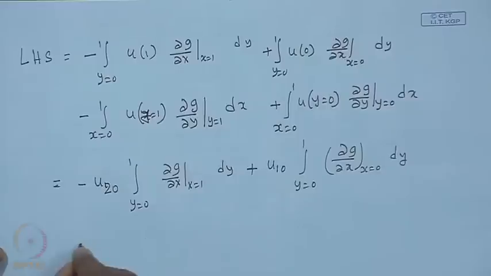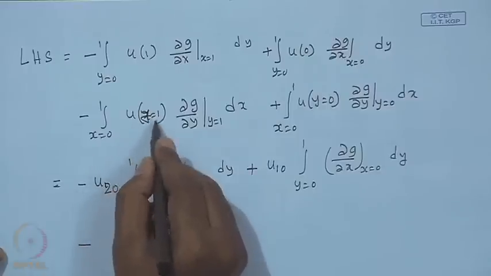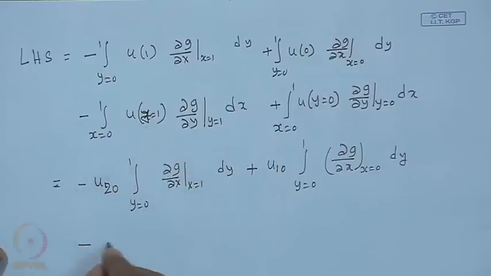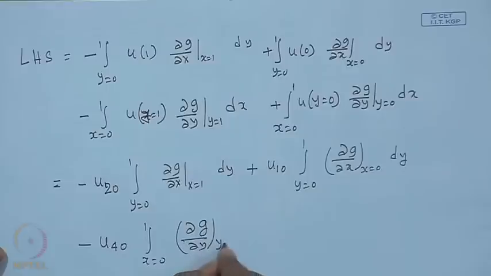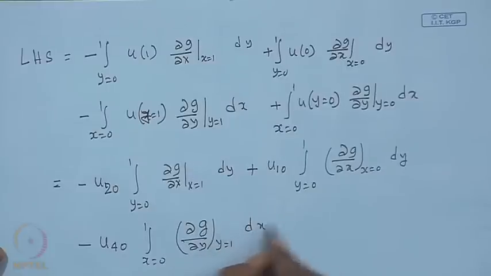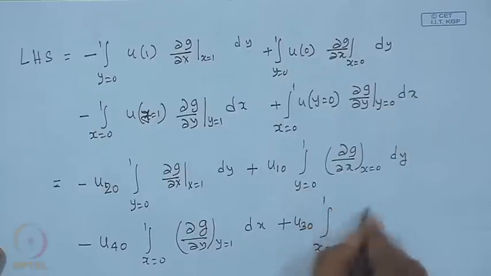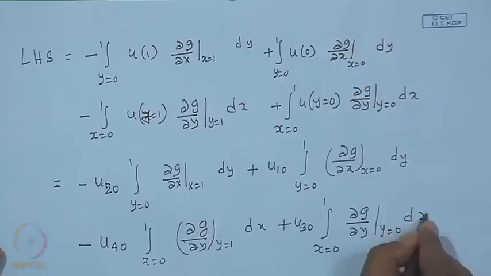And we have u at y equal to 1, that is u40, integral x from 0 to 1 of del g del y at y equal to 1 dx, plus u30 integral x from 0 to 1 of del g del y at y equal to 0 dx.